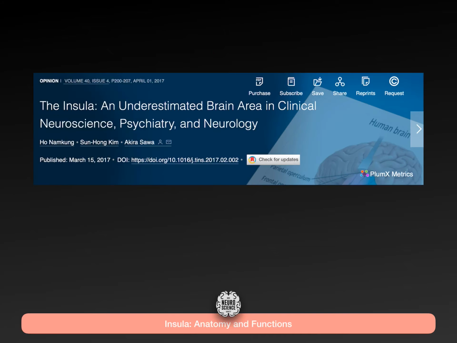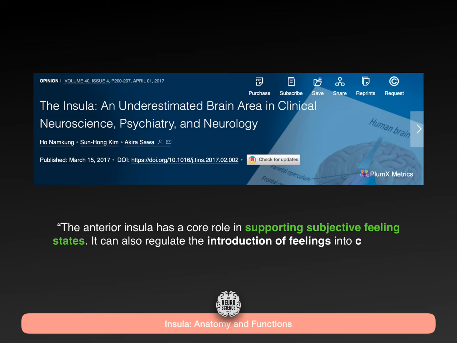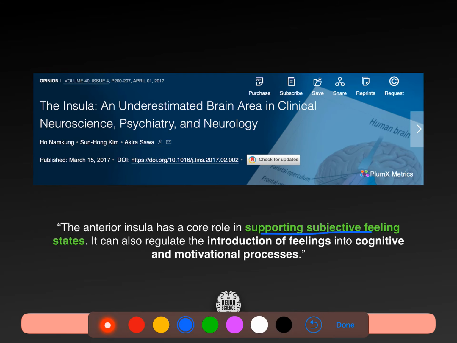So, a quick review from 2017, which is worth a read, but I pulled the most important quote to do with the function of the insula to fill our learning outcome, is that the anterior insula is a core in supporting subjective feeling states. So it regulates the introduction of feelings into cognitive and motivational processes. So it's a sort of like injection, it's a syringe of feeling into a cerebral act or a motivational process.